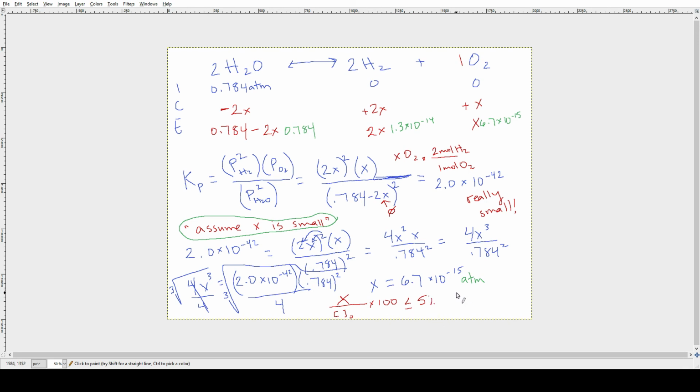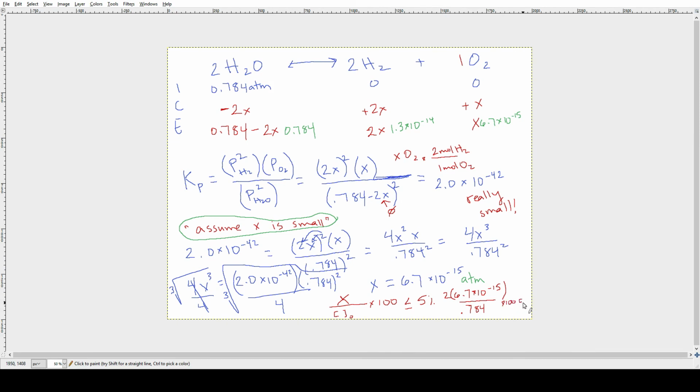So we will take 6.7 times 10 to the negative 15 divided by the number we were comparing it to, which was, sorry, hold on. We want to do 2x because that's what we were dealing with. So it's 2x over 0.784 times 100.